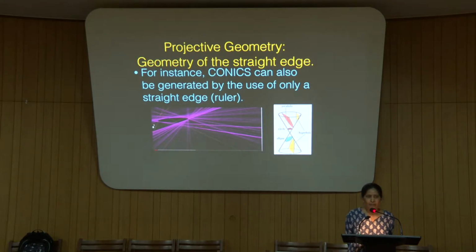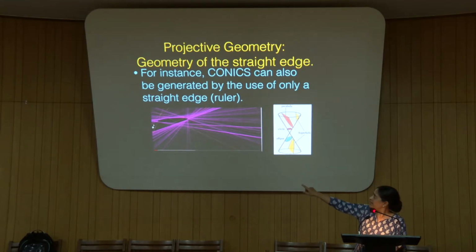Now, projective geometry is actually even simpler than all this in a sense. You don't even need to think in terms of curved lines and so on and so forth. It is actually the geometry of the straight edge or the ruler that you are all familiar with, right? So for instance, conics can also be generated by the use of only a straight edge. That sounds paradoxical, but it's true.